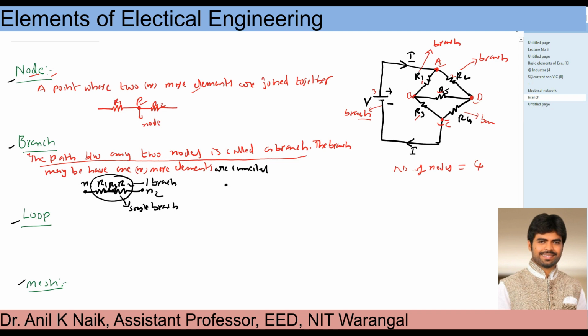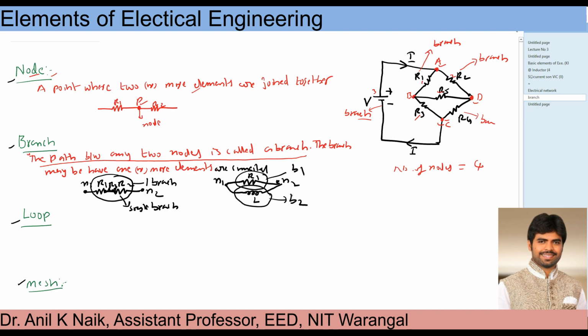The other scenario is, suppose my nodes N1 and N2 are there, and two elements are connected in parallel here, something like this. Two elements are connected in parallel, R1 and L, and in this particular scenario I will consider this as one branch, branch 1, and this as another branch, branch 2.